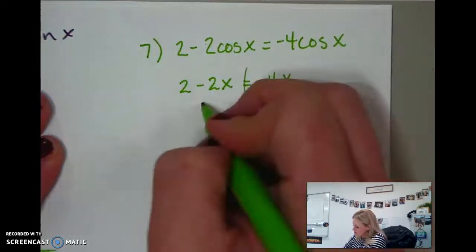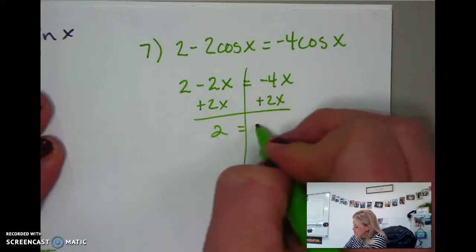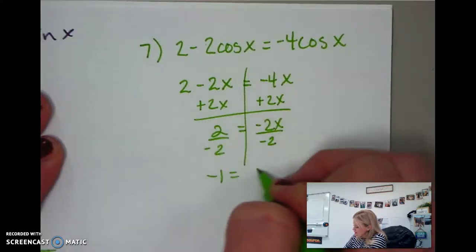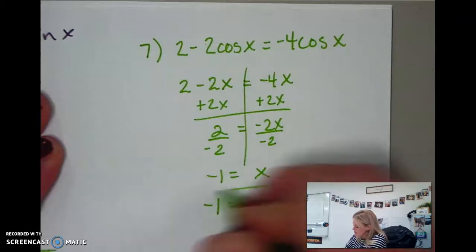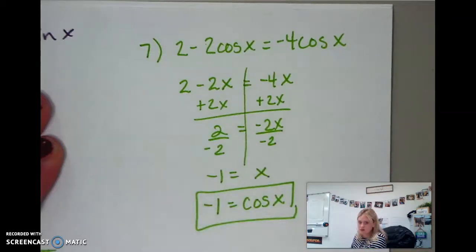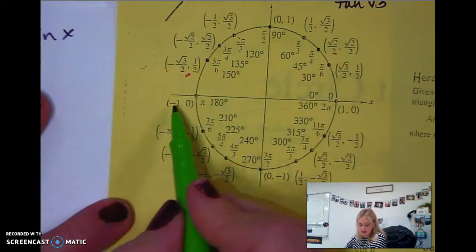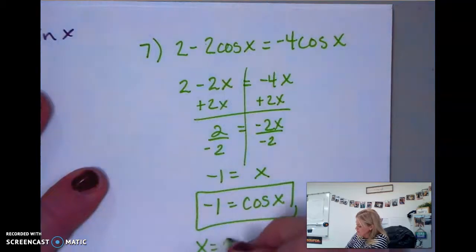So if I solve, I would add 2x to both sides, divide both sides by -2, and I need to throw back in the word cosine. When is cosine of x equal to -1? Cosine is my x value. It is -1 at only pi. So my answer is going to be pi and every 2 pi later.